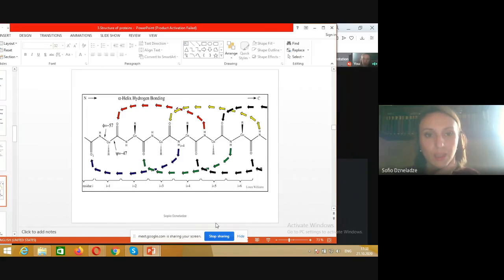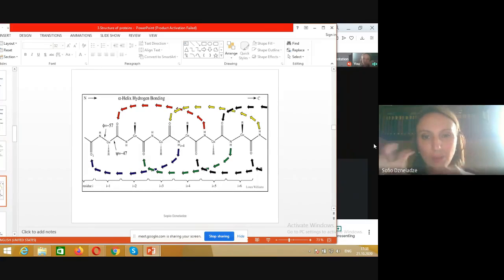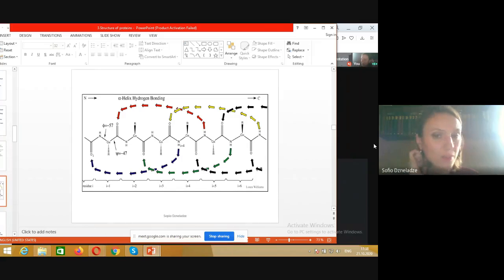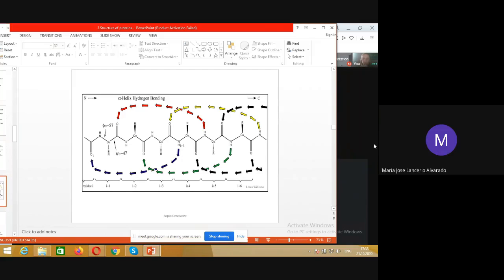Maria, please explain what is given here. It's the same, but I want to listen how you can explain this slide. So alpha helix, hydrogen bond, they are parallel. Between the first and fourth amino acid.